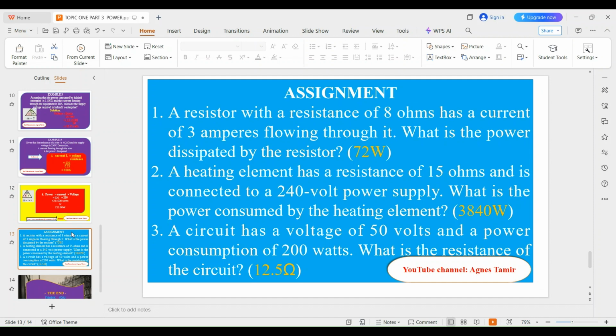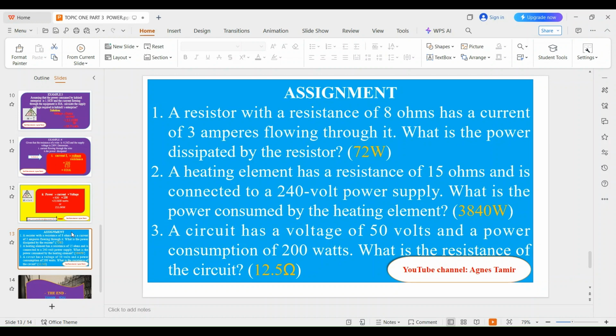You have two ways. One, you can use the expression for power given by I squared, or current squared, multiplied by resistance, or you can look for voltage because you have current and resistance.